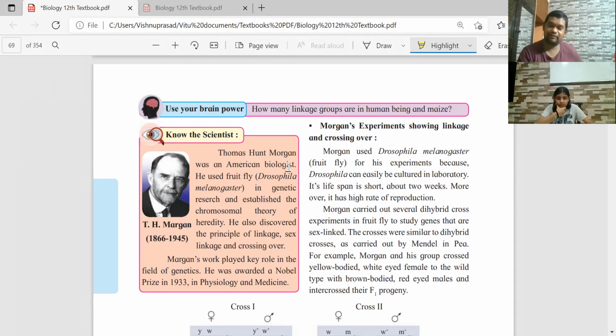He carried out a lot of experiments on the fruit fly Drosophila, and he was the one who established the chromosomal theory of heredity.